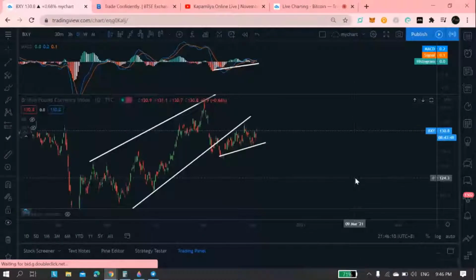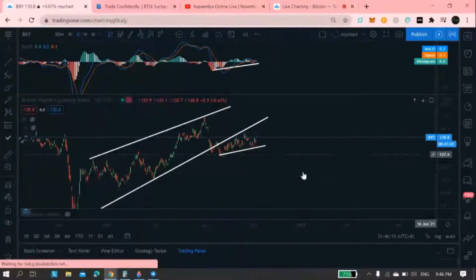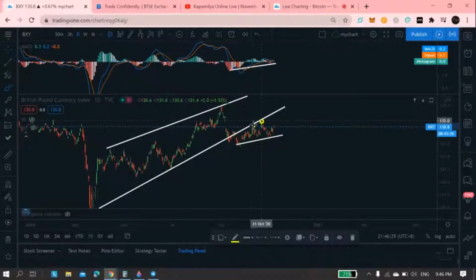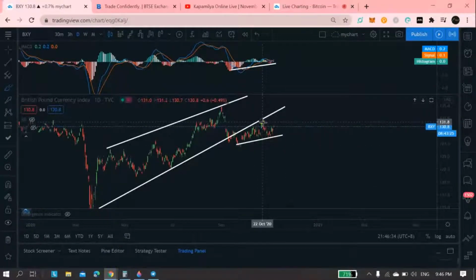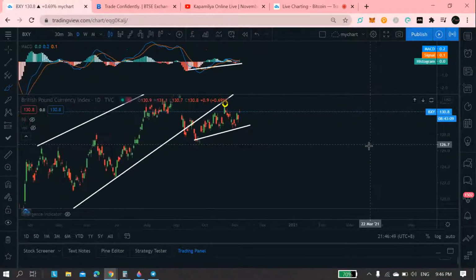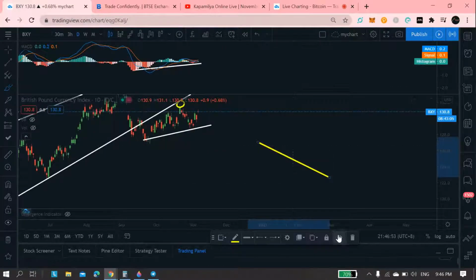It tried to retest the previous support, which is now the resistance, because at this area it really failed to break. So it's really getting hard to break, and currently it's forming a doji, which is a 50-50. So it could possibly go up or go down. Anyway, sorry.